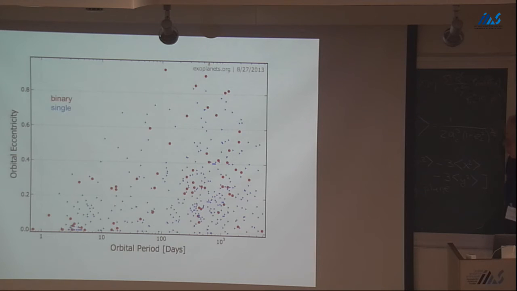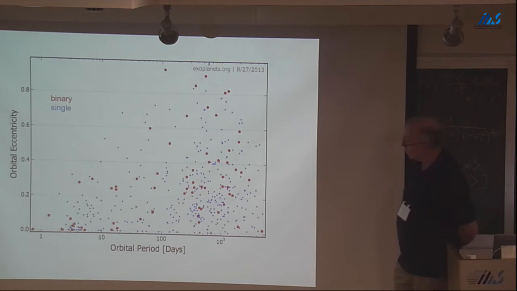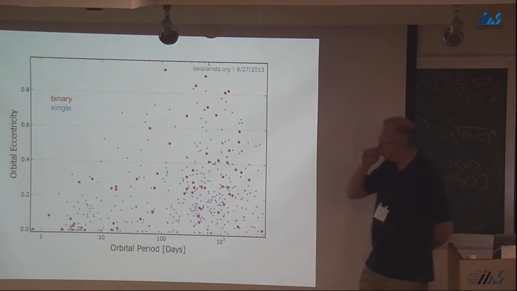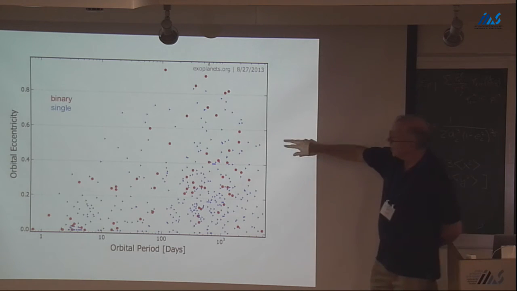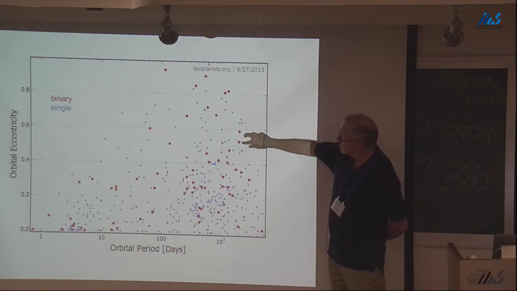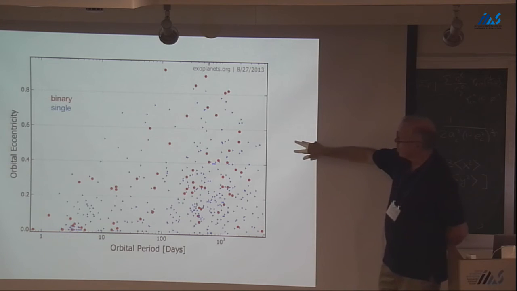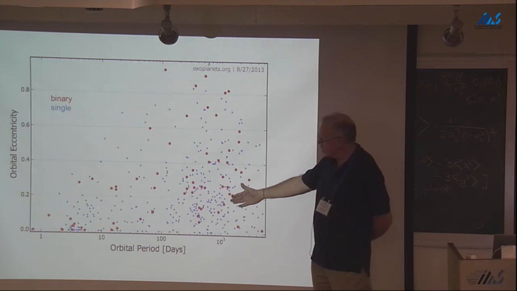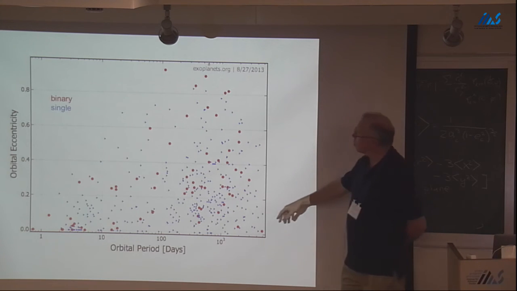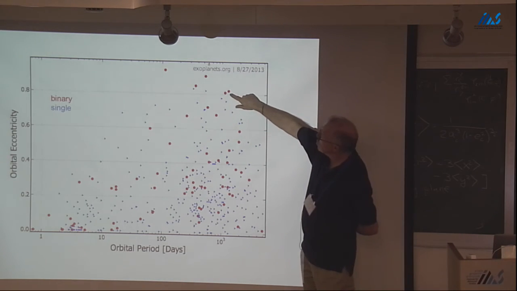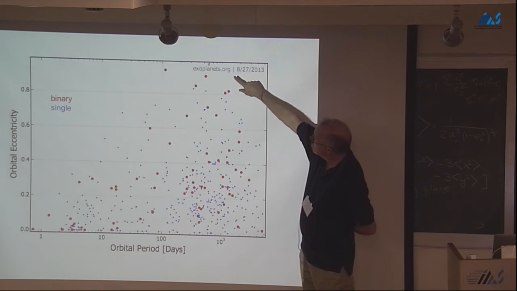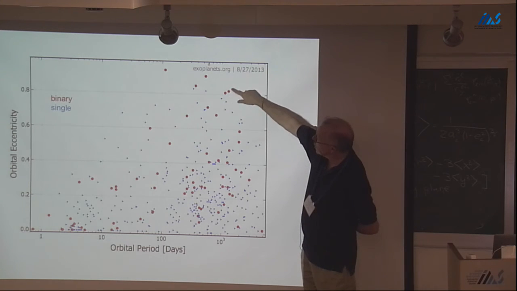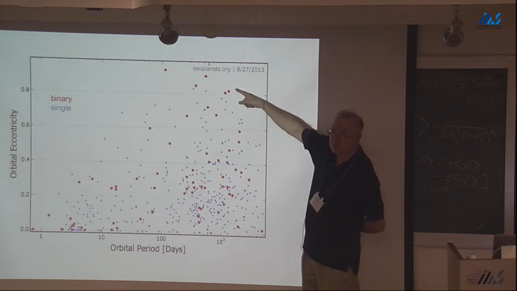That actually doesn't work so well. This is a plot of orbital period against eccentricity with the planets that are members of binary star systems in red. And you can see that there's no obvious correlation between the eccentricity and the presence of a binary companion, except you'll notice that out of the top 10 highest eccentricities, more than half of them are in binary systems.